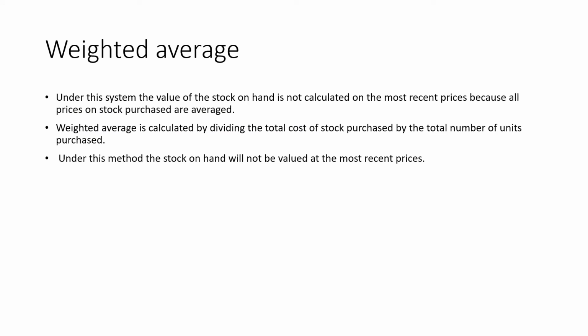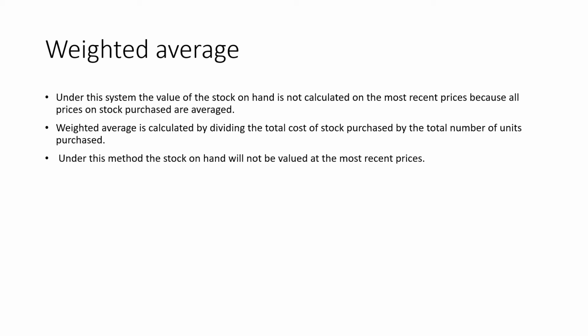So weighted average, the value of the stock on hand is not calculated on most recent prices, just like the first in, first out valuation method, because all prices on stock purchased are averaged.